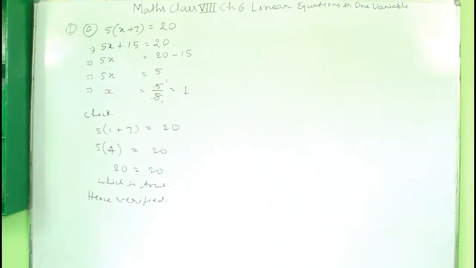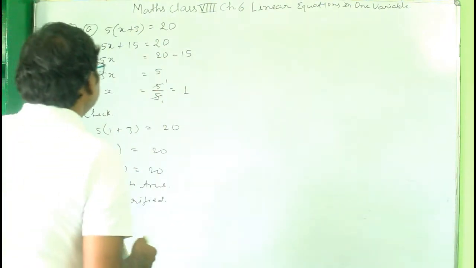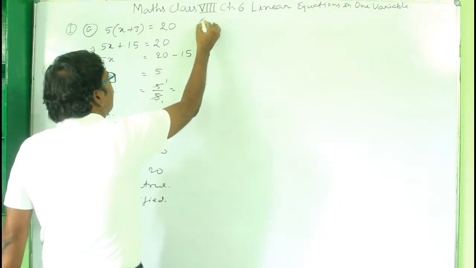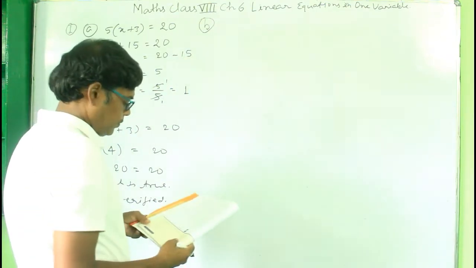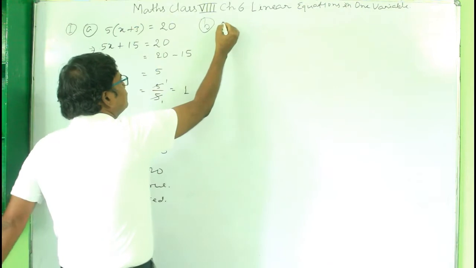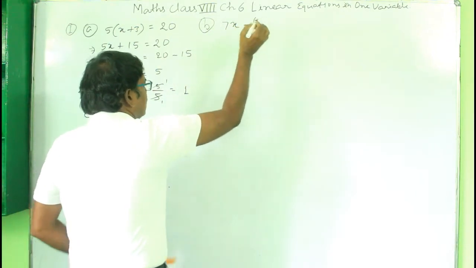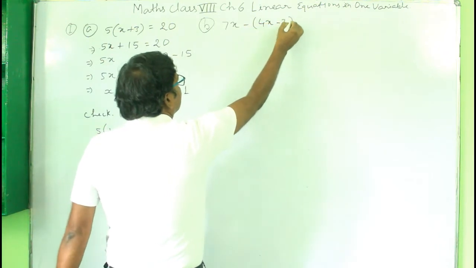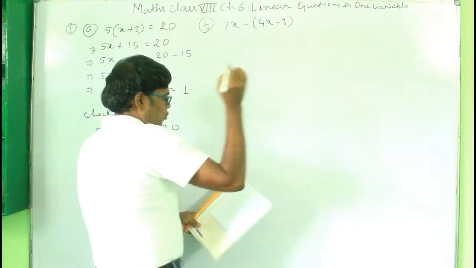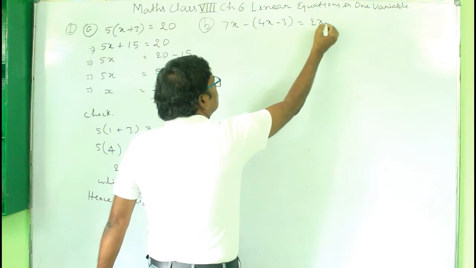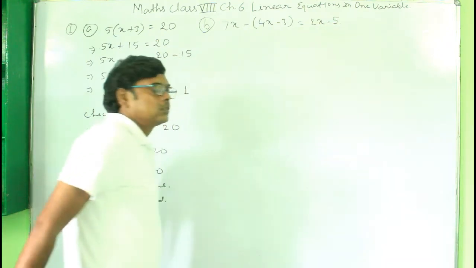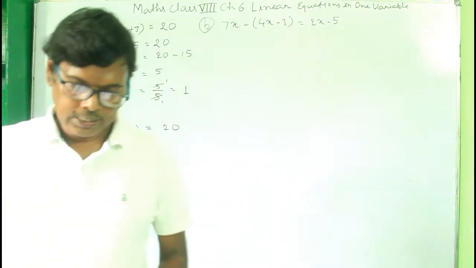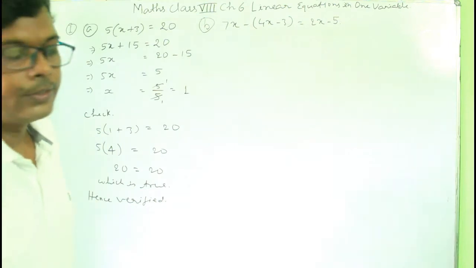Now next question, question number B. Question number B is here: 7x minus bracket 4x minus 3 equal to 2x minus 5. Okay, this is the question, and again solve this and then verify it.